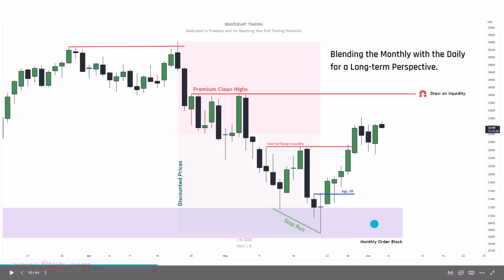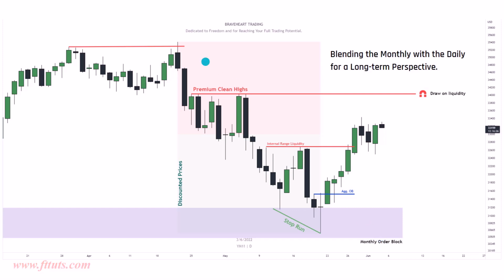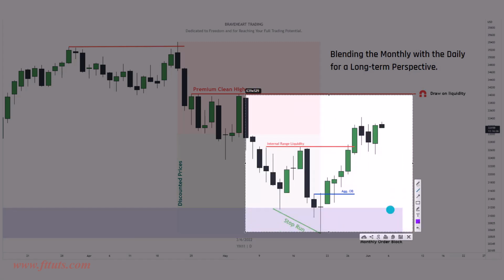So we're going to blend that monthly order block with a daily chart. What is the daily chart telling us? Well, if this is the range, prices, discounted prices, very cheap. We've taken out a low here, stop run, and we formed an aggressive order block, stabbed into it, and take a look at this. Order blocks breaking, okay, support holding.